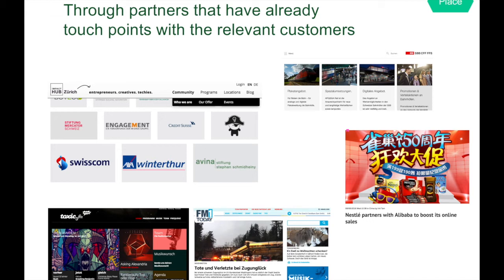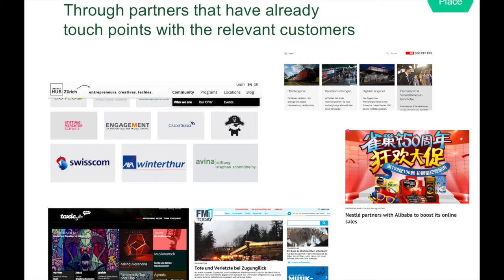First, on the left upper side, that's the Impact Hub. That's a co-working space. And as you can see, it allows other companies to engage with them, such as Swisscom or Winterthur Insurance. Swisscom, that's a mobile phone carrier. Winterthur, that's an insurance company, or also Credit Suisse, so the bank.